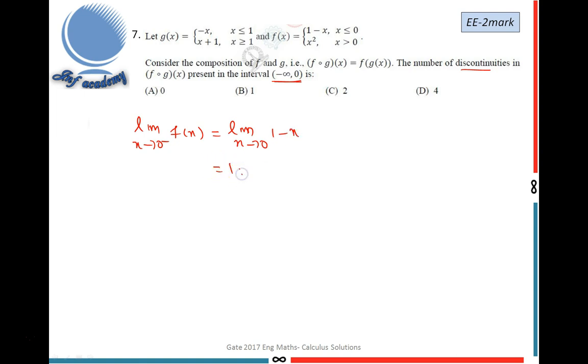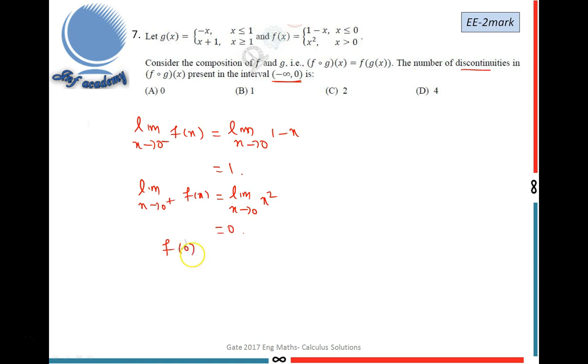This is 1. So left hand limit at x equal to 0 is 1. Limit x tends to 0 plus f of x equal to limit x tends to 0, x greater than 0, function f of x is x square.